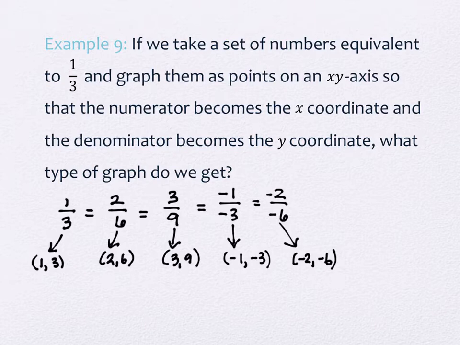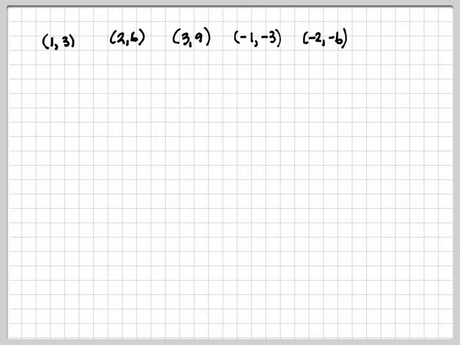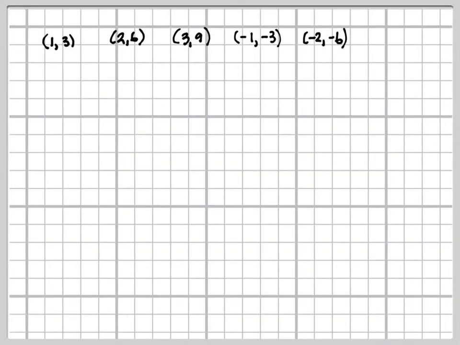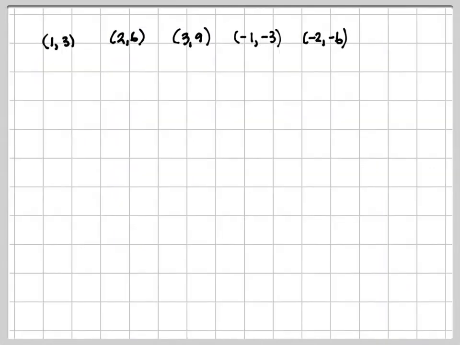So we're going to take those ordered pairs. Actually, I think I'm going to try and copy and paste them to the next page. We'll see. Most of that got copied. So I'm just missing my 6 from here. So we're going to plot these points. I think I can use a bigger grid. Let me try. Nope. That one might work.